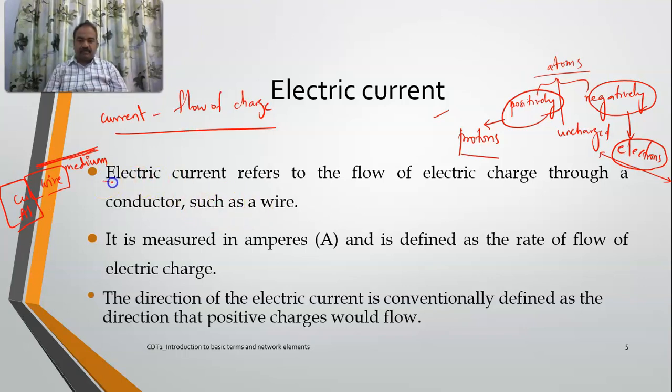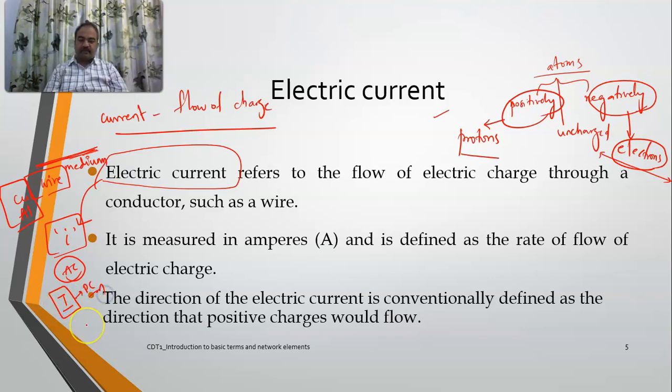So, electric current is represented by the symbol I, right? We will be using different letters for representing I. Sometimes I'll be using lowercase, sometimes uppercase. Generally, lowercase represents an AC value, whereas uppercase generally represents a DC value or an instantaneous value.